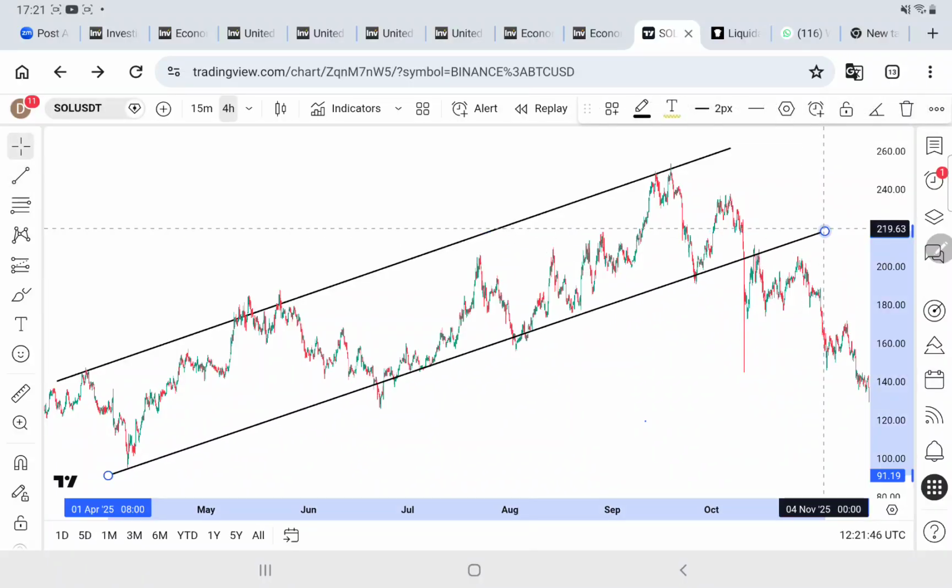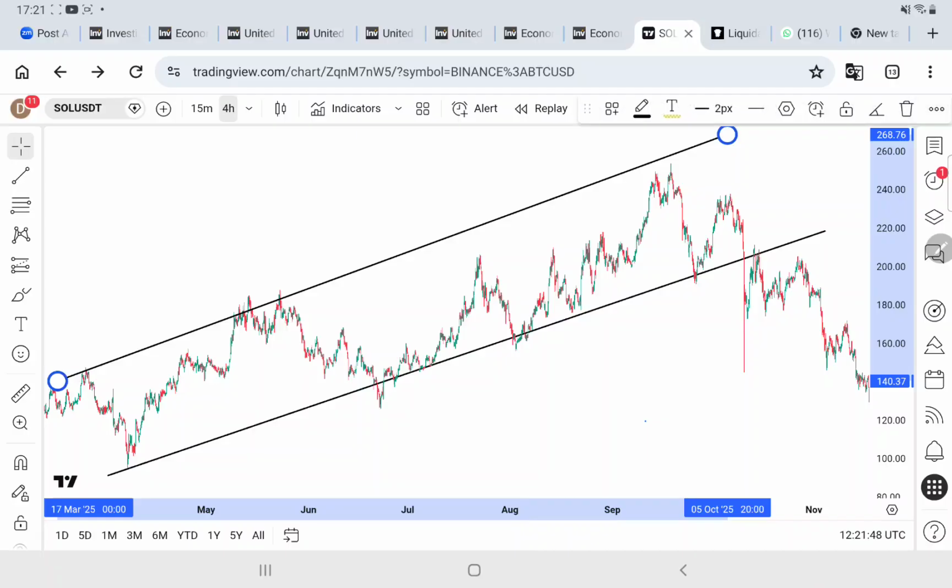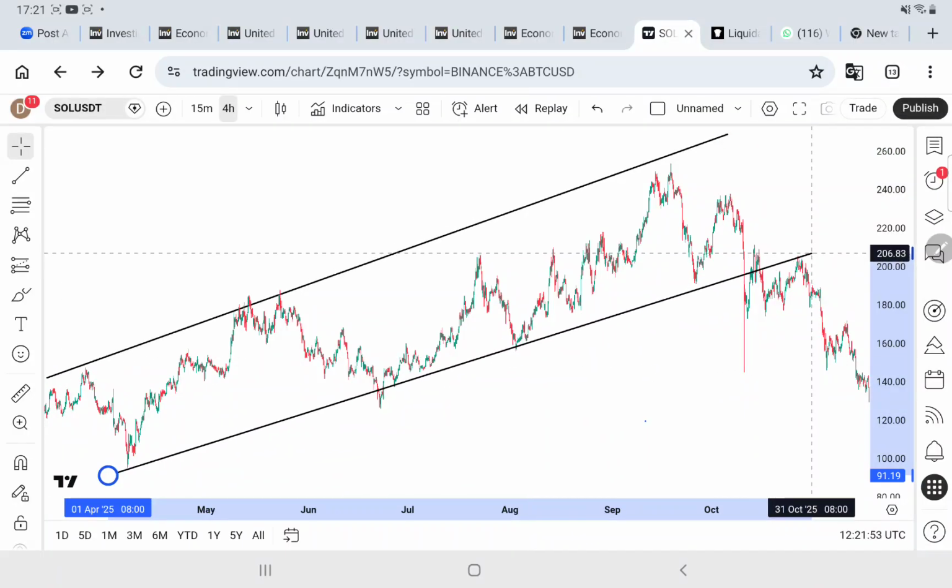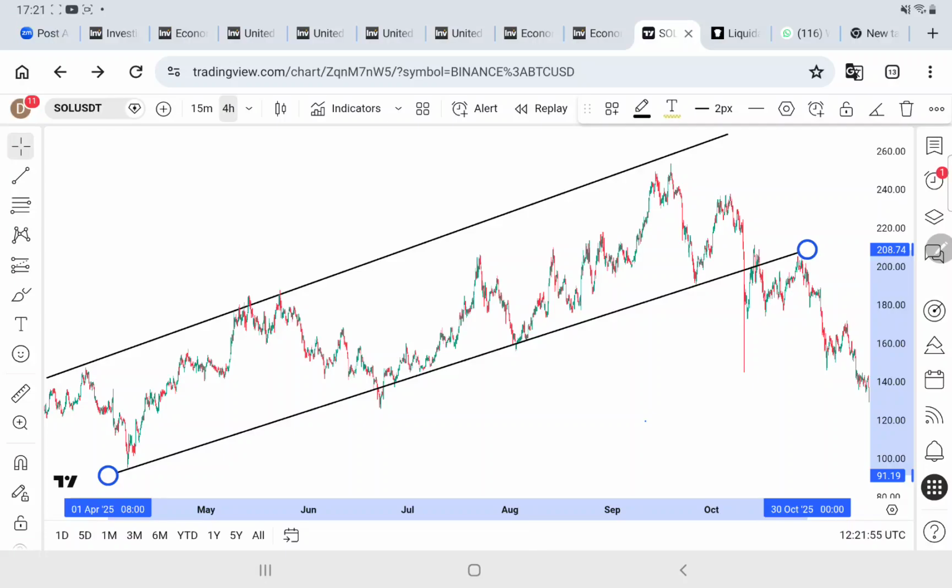Now you can see one thing very clearly over here. The one clear thing is that throughout this course of months, the price is respecting the trend lines.